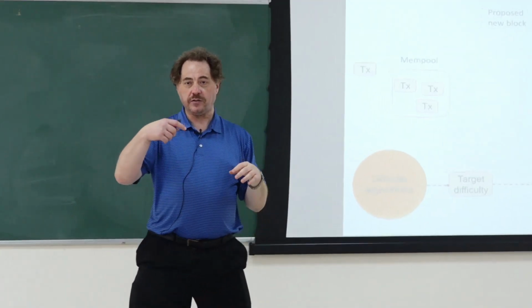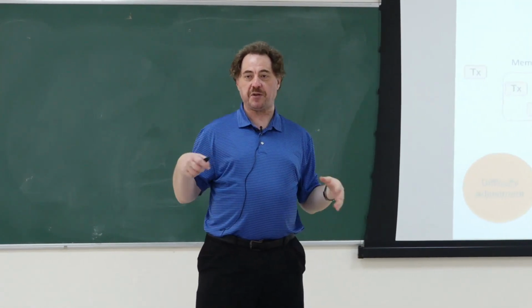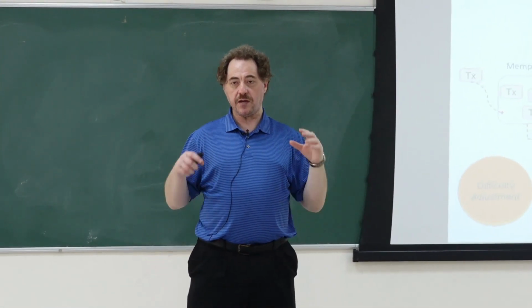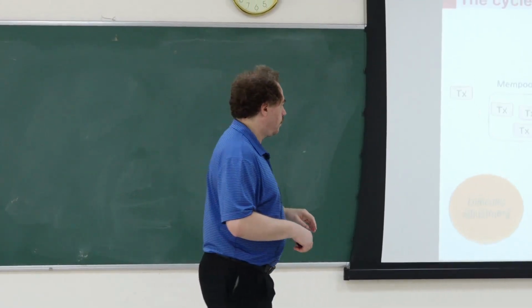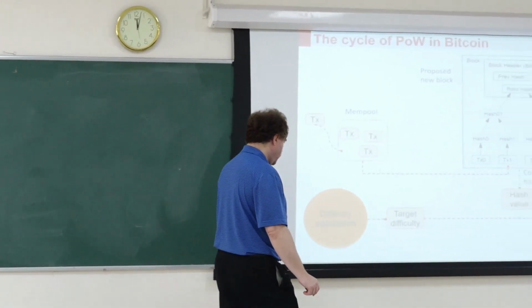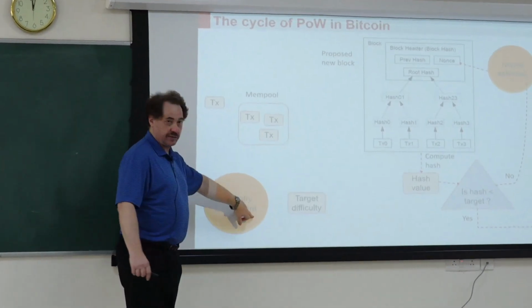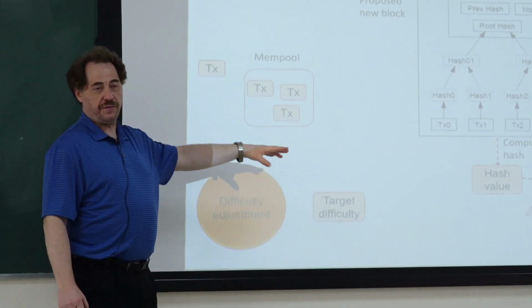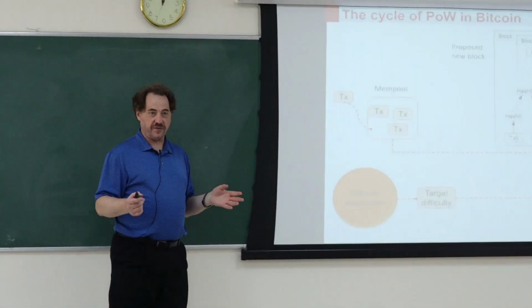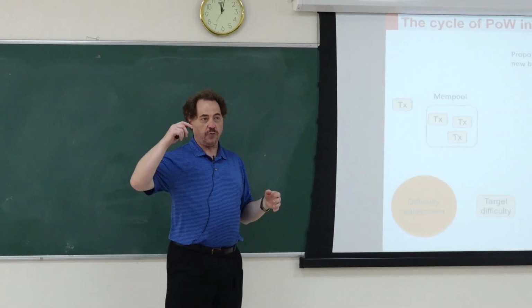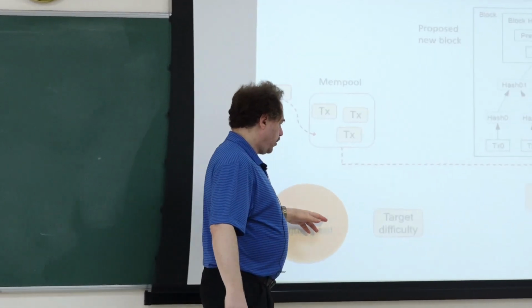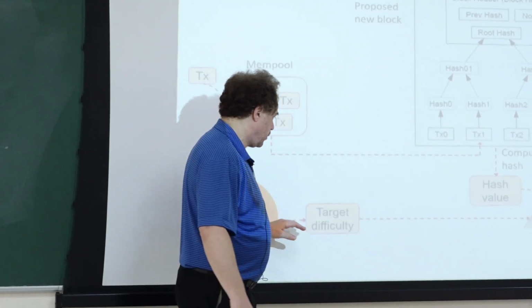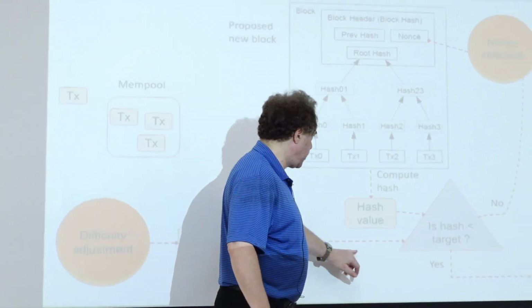So at any point, before you solve the crypto puzzle, you can add new transactions to the block. The second process is difficulty adjustment. That doesn't happen very often. It happens every 2,000-something blocks, right? When it happens, the difficulty is updated.